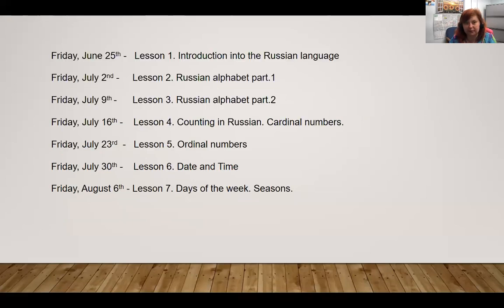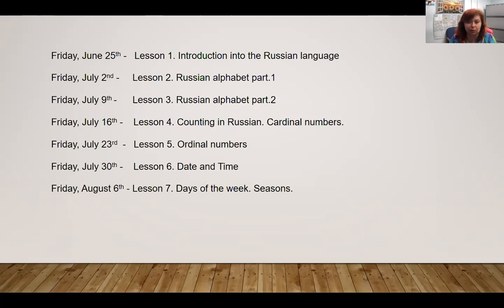This is the tentative structure of the class. Lesson 1, Introduction into the Russian language. During lesson 2, I hope to introduce you to the first part of the Russian alphabet, and then during the third lesson, I'm hoping to finish the Russian alphabet.